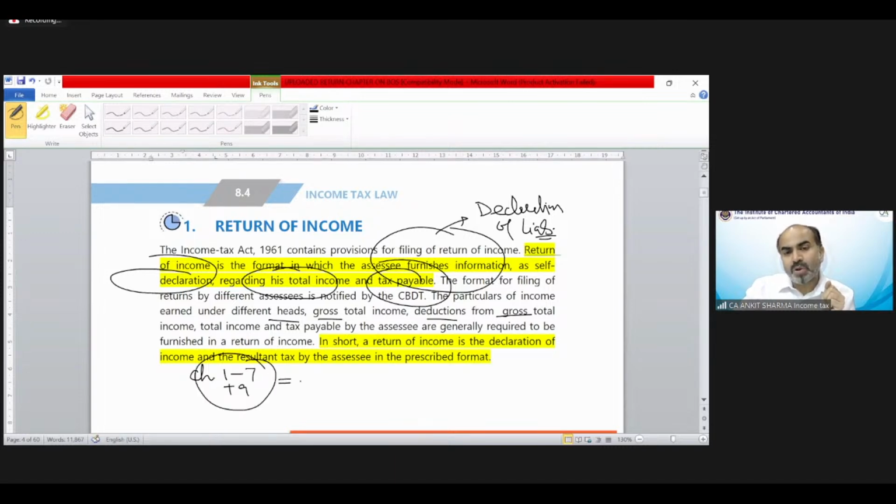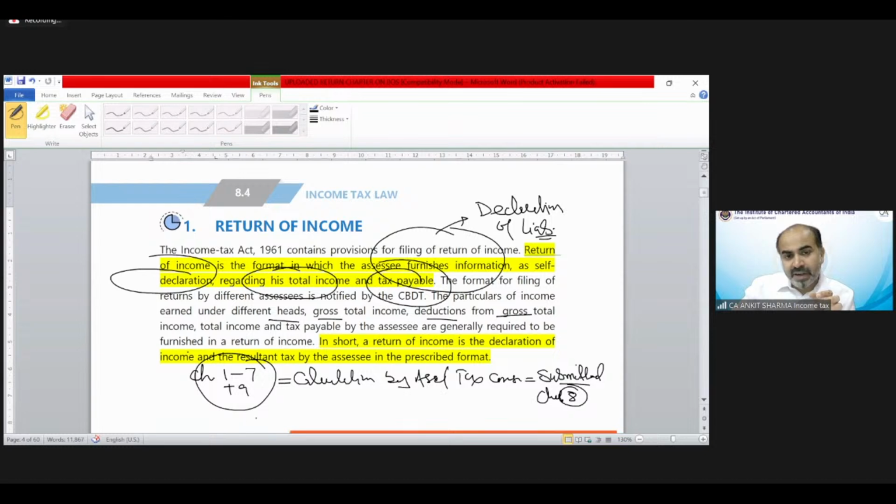These all belong to calculation by the assessee or his tax consultant. And all this calculation and information need to be submitted at the prescribed time, in the prescribed form, in a prescribed way. That is chapter number 8 we are talking about.